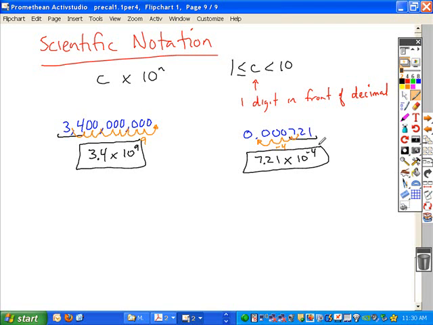Now, your calculators can do this, but keep in mind I'm asking you to make sure you can solve these types of problems without using your calculator. And the way that you can do that is if you look at sample problem number 6 on page 13.